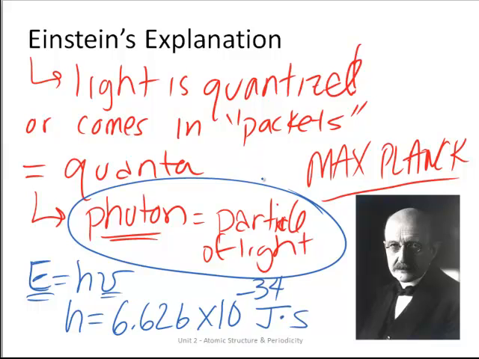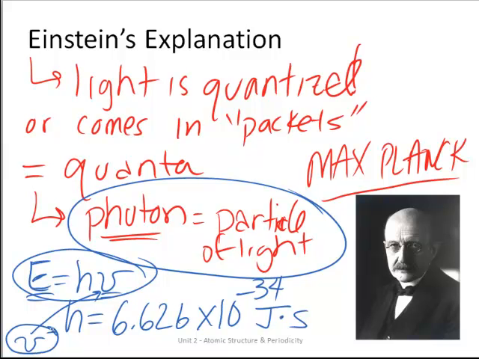And we also have an equation to calculate the energy of a photon, which we now know is really based on the frequency. And it turns out that the amplitude, or how bright a light source is, describes how many photons are being emitted by that light source, not the energy per se.